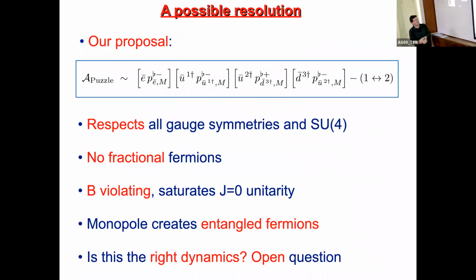So you see here, we didn't try to factorize it into 2 to 2. We just wrote down an amplitude. This is the part corresponding to the incoming state, and this is the part corresponding to the outgoing state. And that is exactly what we did not do. We did not try to do it one particle with the monopole.